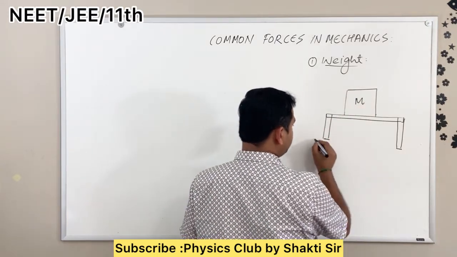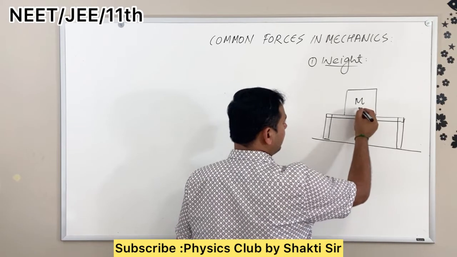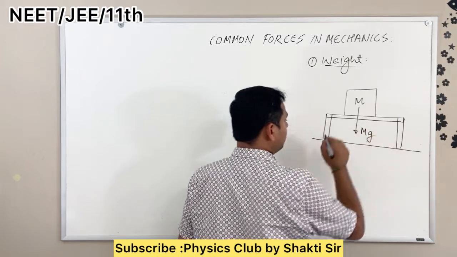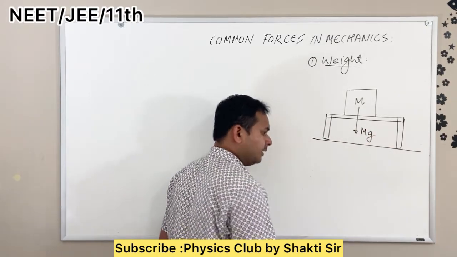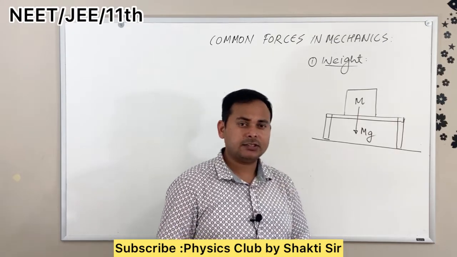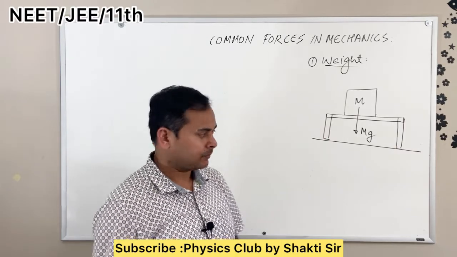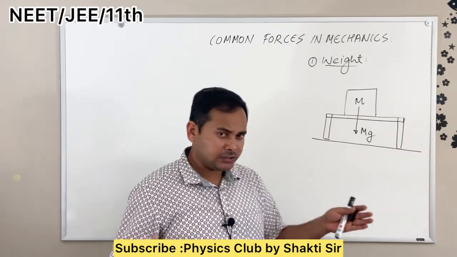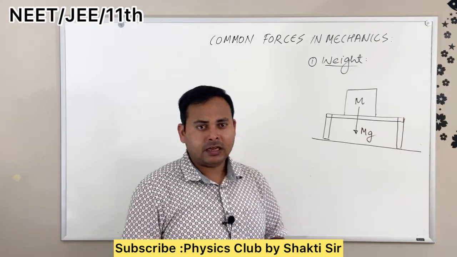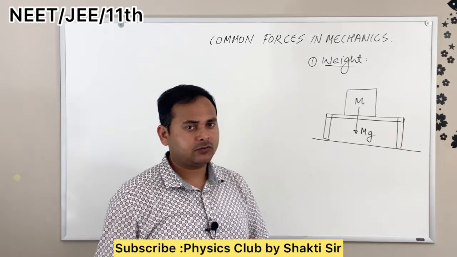So the gravitational force of the earth is acting on this object downward with the force mg. That is the magnitude of the gravitational force which is acting on this object toward the center of the earth. For a small surface, we consider the earth to be flat, and this force is assumed to be acting towards the center of the earth.